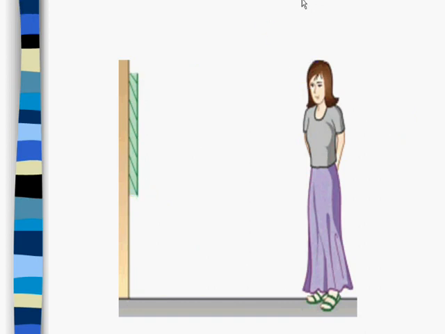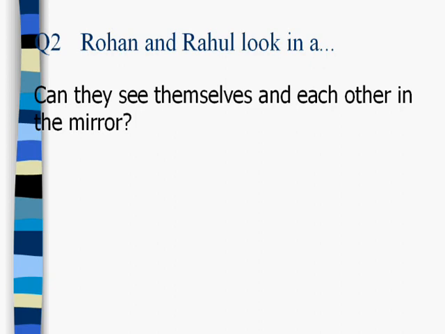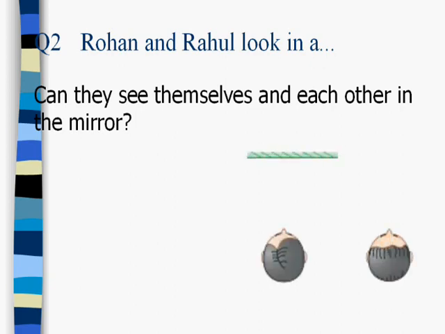Let's have another concept or another subtopic. Let's have another question. We have two guys, Rahul and Rohan, who are looking into a mirror. Can they see themselves and each other in the mirror?